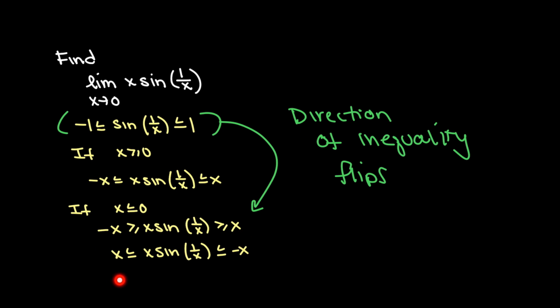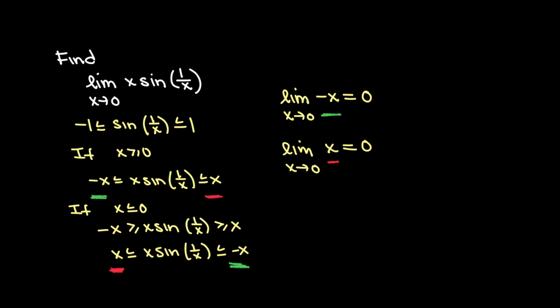Or if I want to write that in the other order, x less than or equal to x sine of 1 over x less than or equal to -x. So I have the same bounds, it's just the function that's on top and on the bottom flips if x is positive or negative.